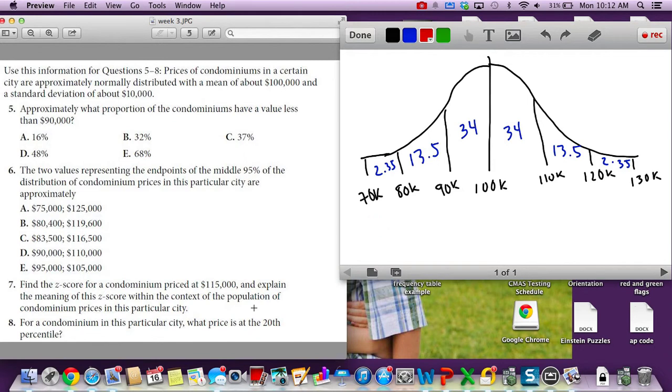Okay, so 20th percentile would mean, so here's 16th, because it's 16% are at or below that. So percentile is the percent at or below. So my 20th then would be somewhere in here. So it's going to be somewhere between $90,000 and $100,000. So at this point, now I'm going to switch over to my calculator.